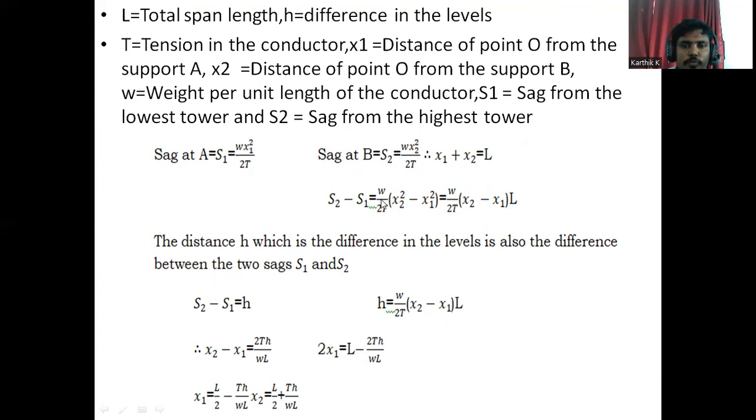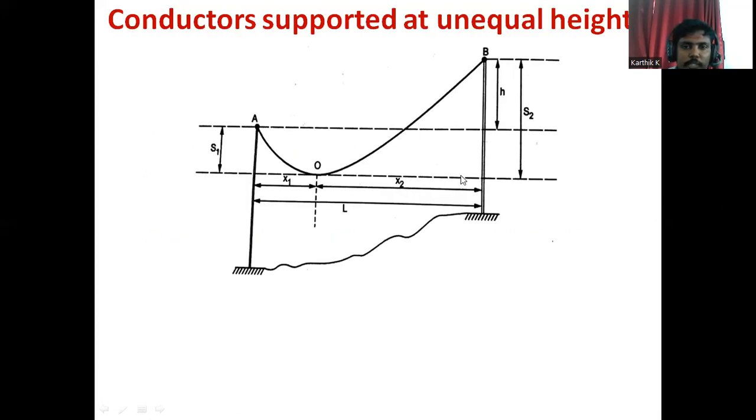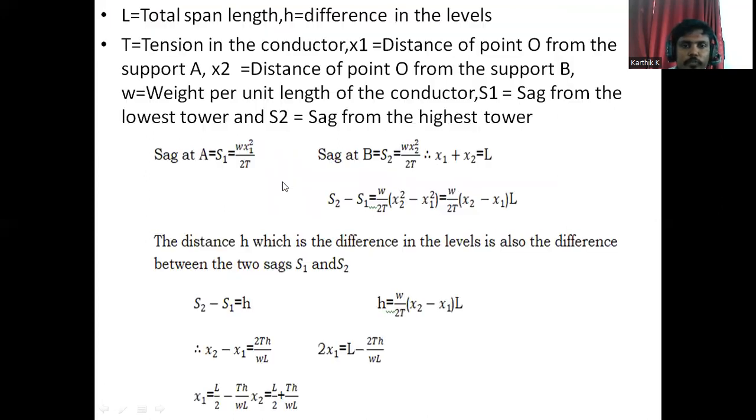We need the total sag, so S2 minus S1, W X2 squared by 2T minus W X1 squared by 2T. Suppose we get the answer S equal to W by 2T, (X2 minus X1) into L.